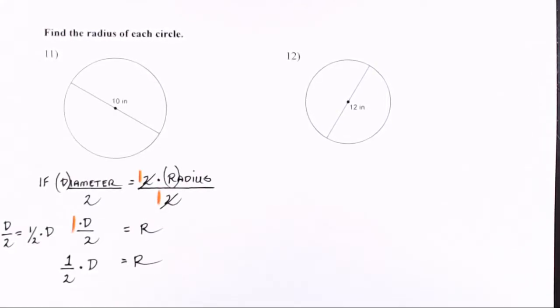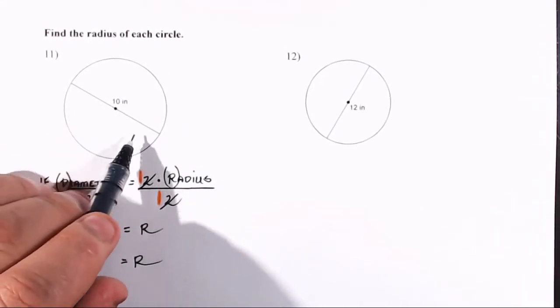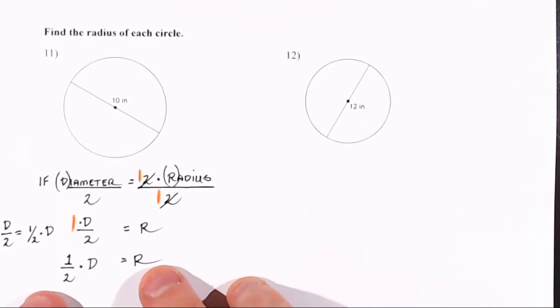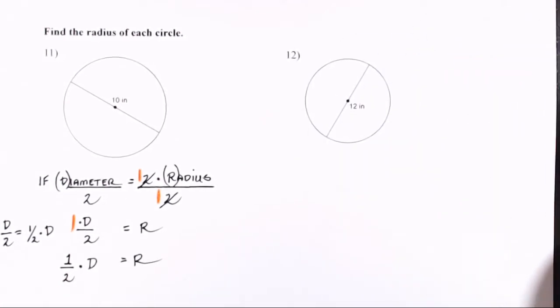Now, this might seem like a lot of nonsense given that we know the answer is 5. Just by looking at that, I know that 10 divided by 2 is 5. But the math to arrive at the formula is actually maybe for some people not all that simple to understand.